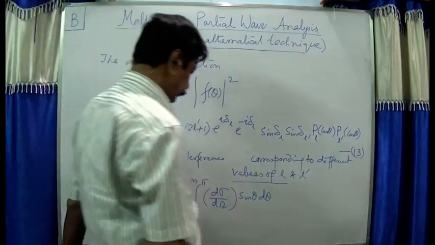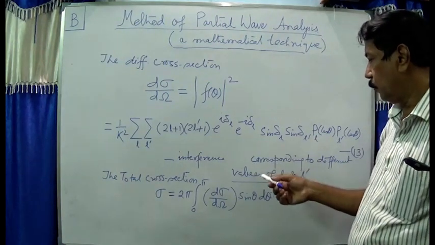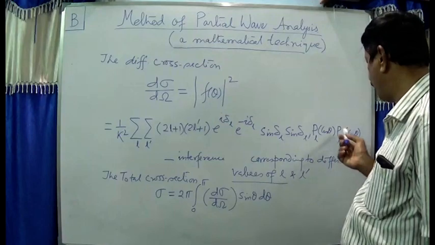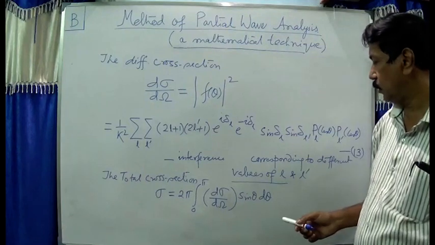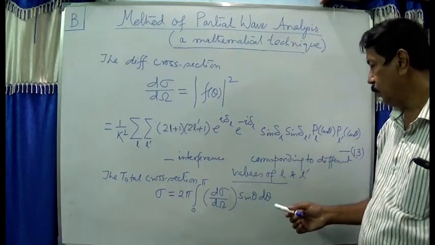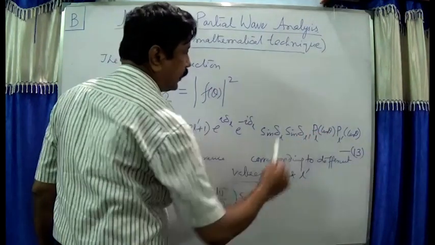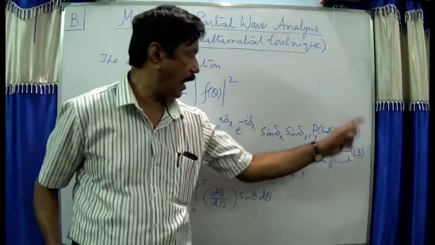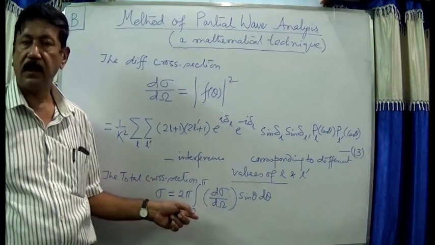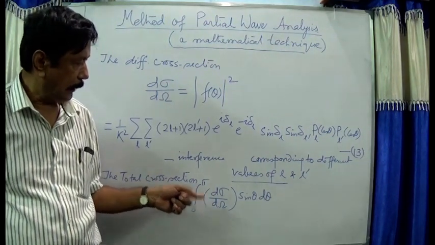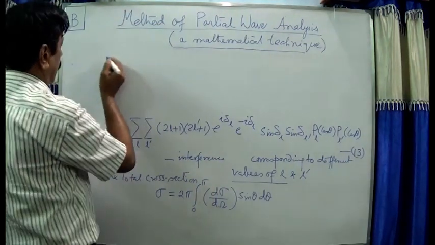Okay? Now if we put the values of d sigma d omega from this last expression, say 13, then quite naturally we will come across a situation where this P_L cos theta, P_L prime cos theta and this sin theta part will be involved in the integration, and for this we need the orthogonality relation.